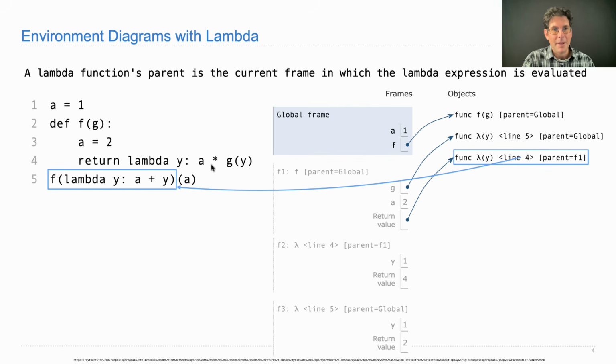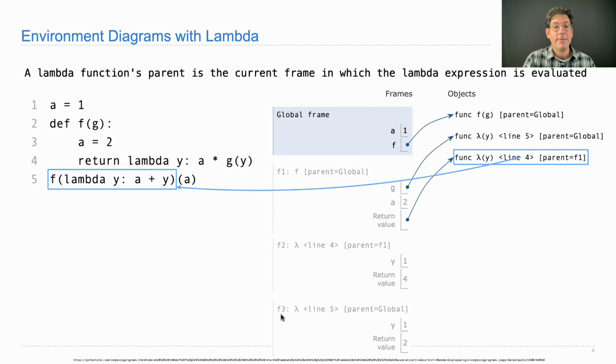This one, a times g of y. What's a? We look here, and there's no a, so we look in the parent. a is 2. And what's g of y? Well, we have to figure out what g is. There's no g here, so we look in the parent. There's g. We're going to call g on the number 1, and that's what leads to this additional frame.